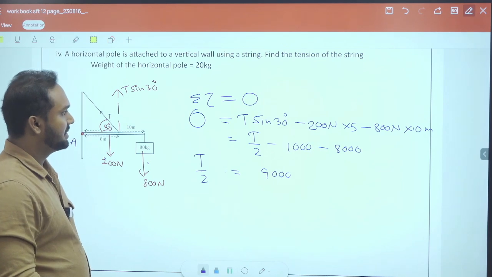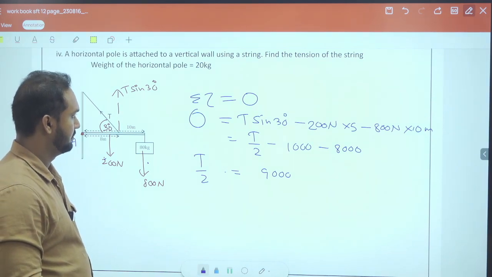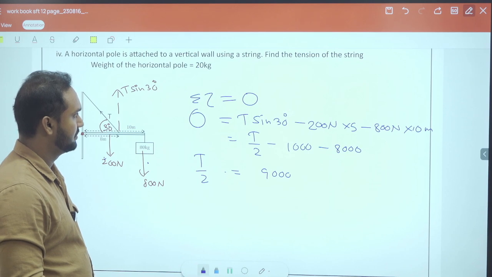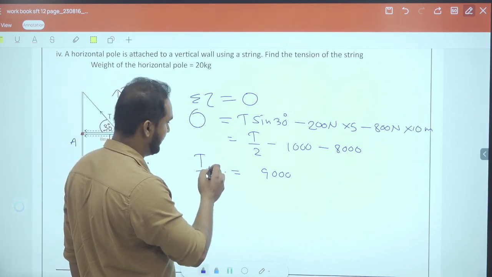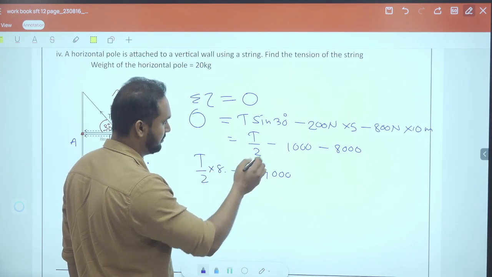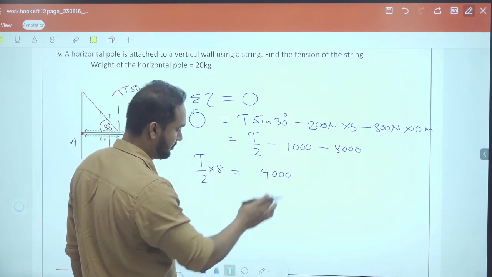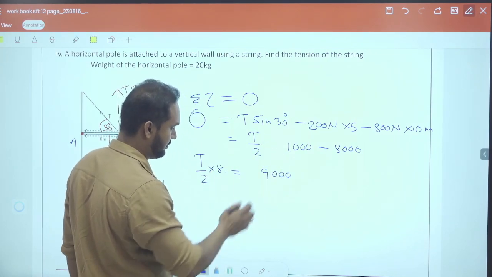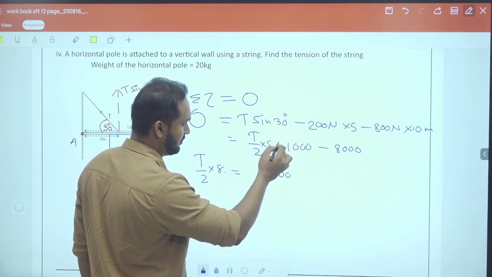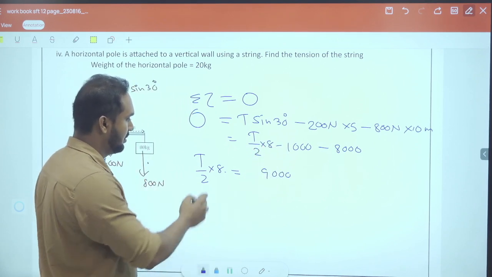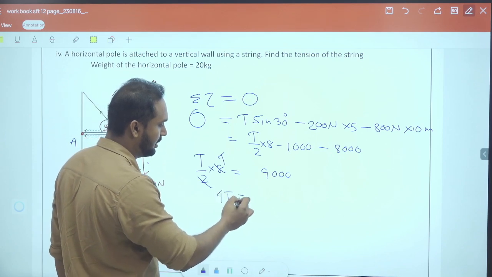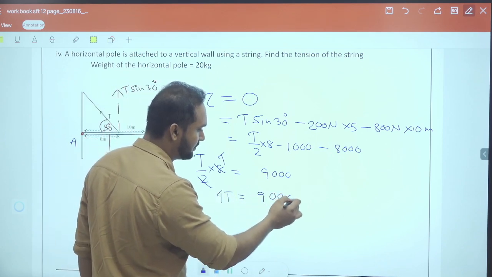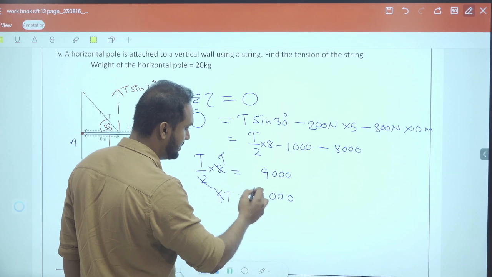So T becomes... make a T again, 8 meters, no? So 8 meters should also be there. Right. Now it cancels out 4, right? So 4T equals 9000, and T equals how much?